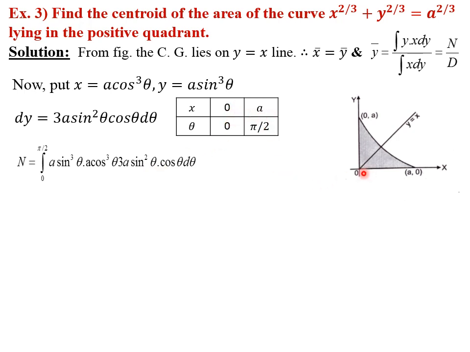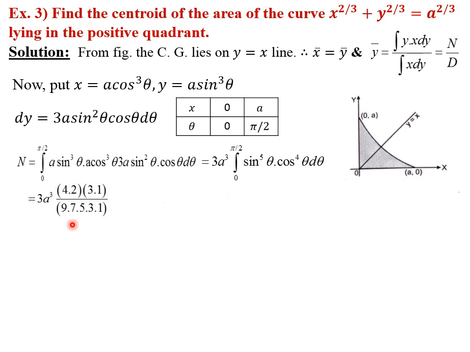Clearly from the figure you can see that the lowest value of x is 0 for the region and the highest value of x is a. Then after simplifying it, we are getting 3a cube, which is a constant quantity, into the integration from 0 to pi by 2 of sin raised to power 5 theta into cos raised to power 4 theta d theta. Now we can apply either a reduction formula here, or even we can use the beta function formula also.